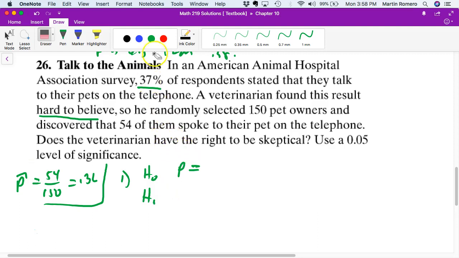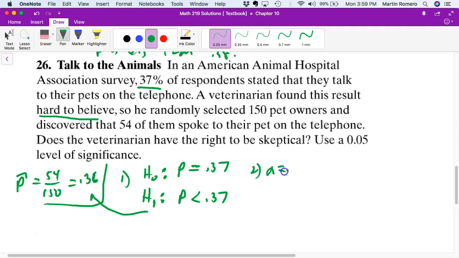If we have this here, right here, p is equal to 0.37, meaning nothing's changed from the original survey. The doctor really thinks that it's less than that. He's skeptical, right? So does he have evidence? I say there's some evidence, 0.36, but I'm not sure it's strong enough, but let's go ahead and calculate this. We're going to test it at alpha equals 0.05.